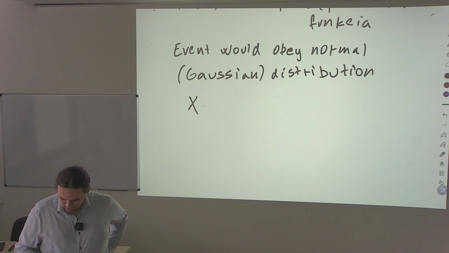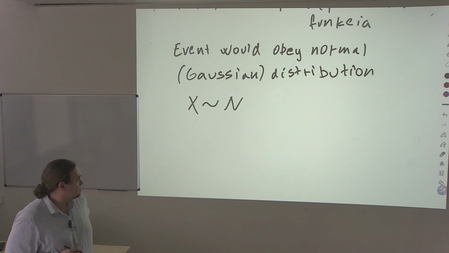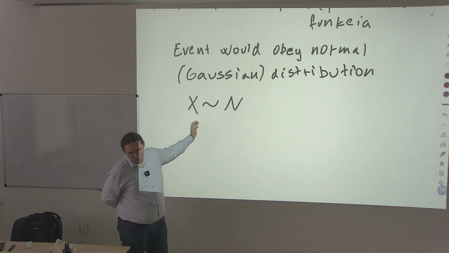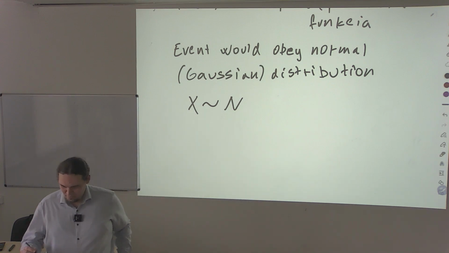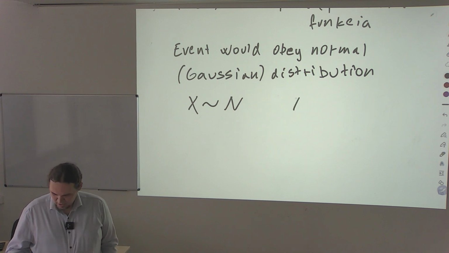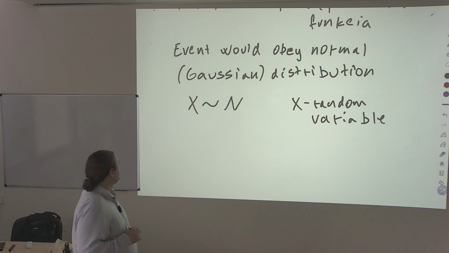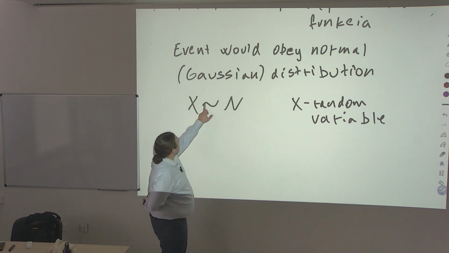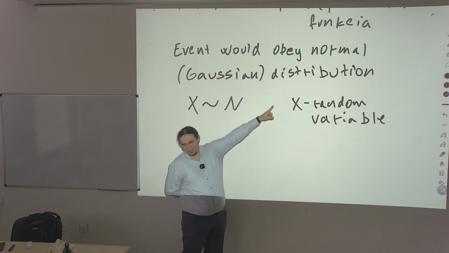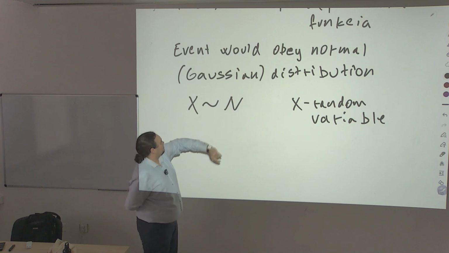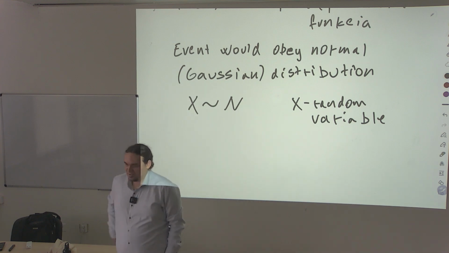Then we say some event X has this normal distribution. The capital X is something we call a random variable, náhodná premenná in Slovak, and this tilde sign should basically say that the event obeys the distribution written next to it.